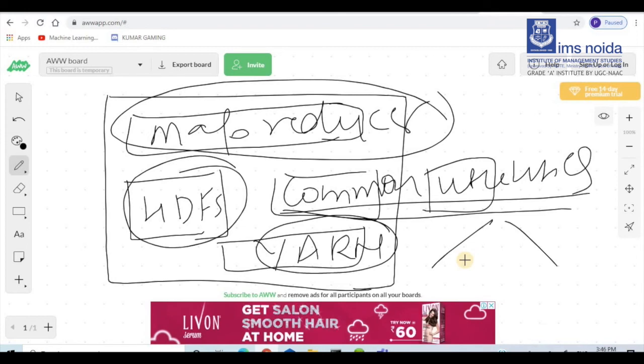They may be 64 MB or 128 MB. These are the standards, but generally they follow 128 MB. So when the data comes, it divides the data into directory and files, and then divides the files into uniform blocks, generally preferring 128 MB.